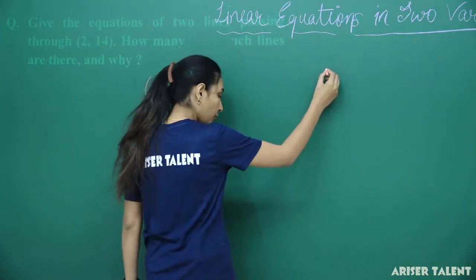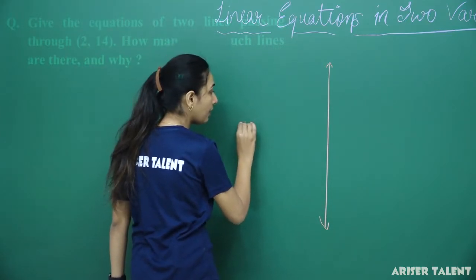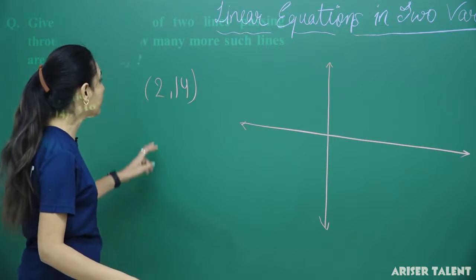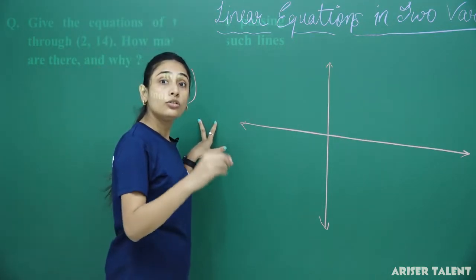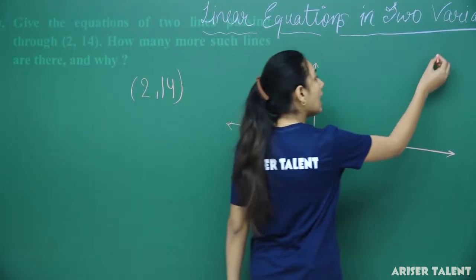Okay, so first I'd like to draw this on a graph, right my students? Now look at it, it's 2 comma 14. Both values are positive, that means it will lie in the first quadrant.